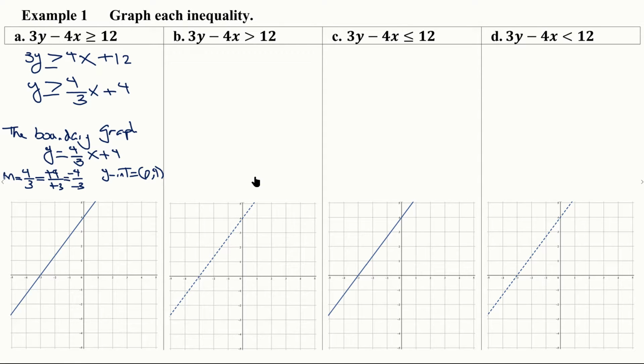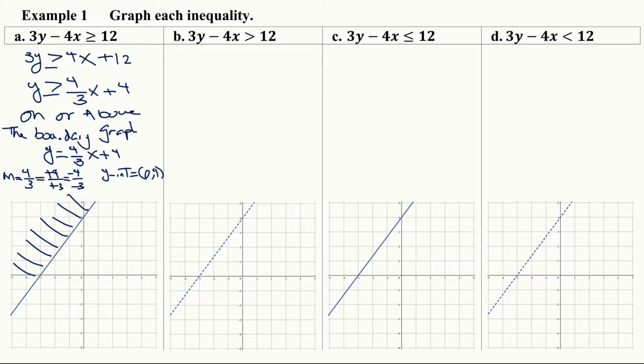So when you see greater than or equal to, once you're in slope-intercept form, remember, you're going to want to graph points on or above. So that means we're going to shade this part as well, okay?